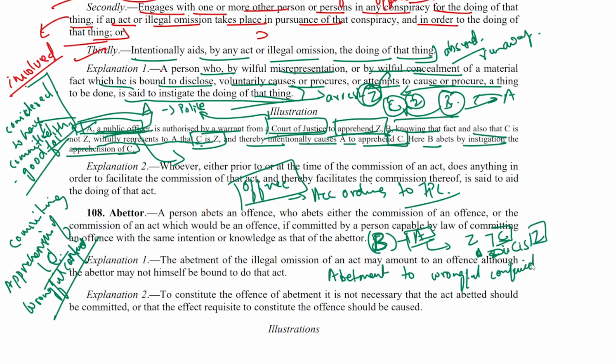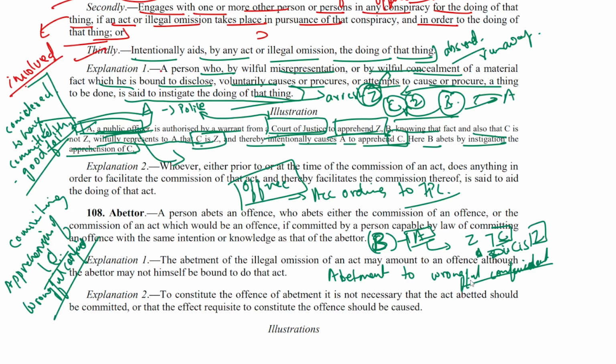So here, even though the public officer will not be considered to have committed an offense, B shall be considered to have committed an offense, and that is abatement of wrongful confinement. So here B will be punished in the same manner as if he has committed wrongful confinement of C.